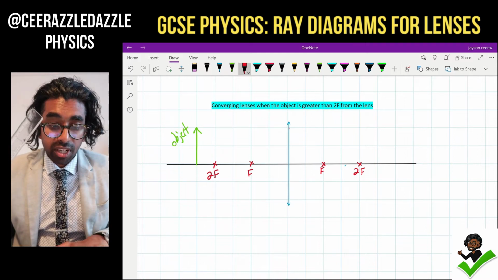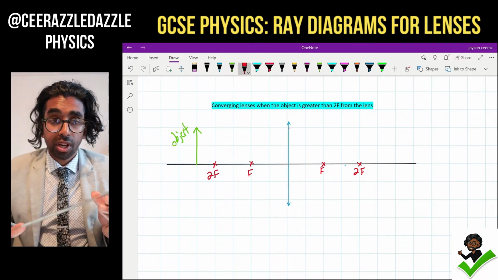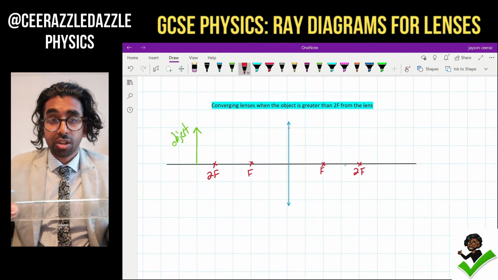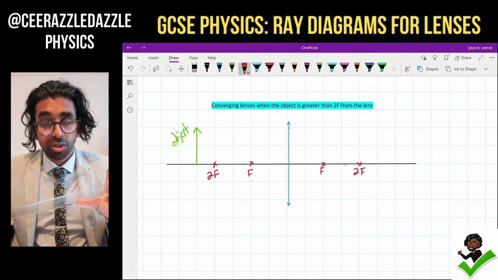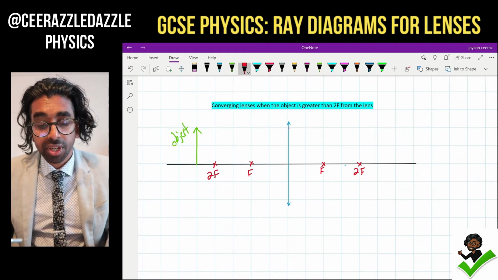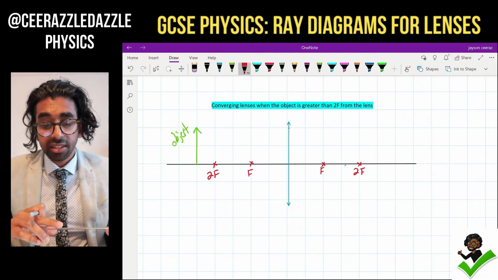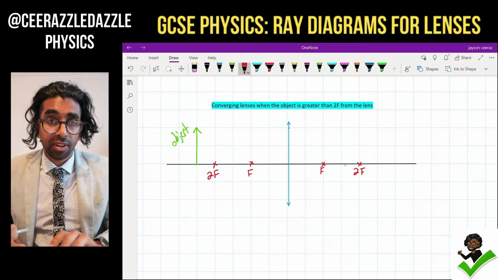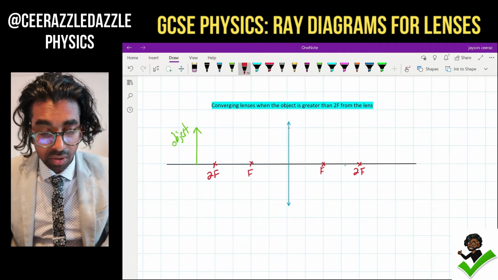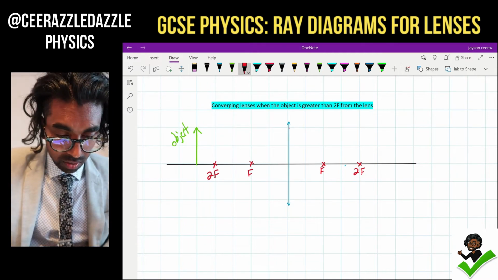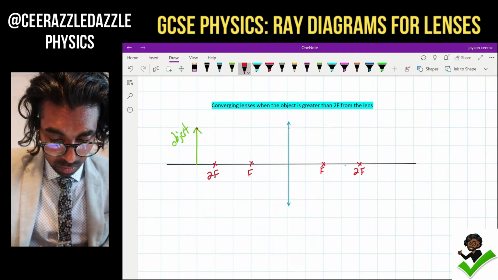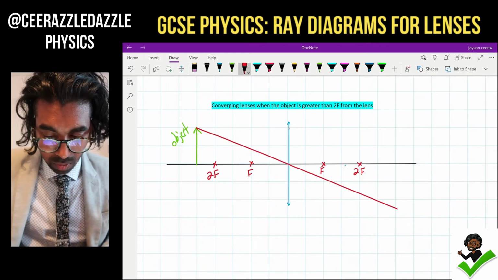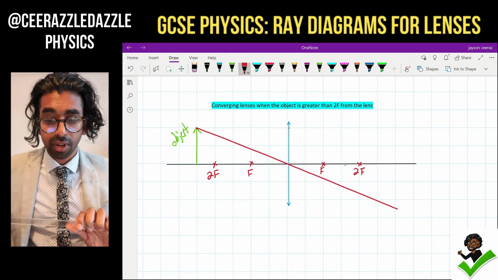To construct an image from this object, first you have to draw some rays of light. I'm going to take my ruler, and the first ray goes from the top of the object, passing through the center of the lens and not being deflected at all. Wonderful, that's our first ray.